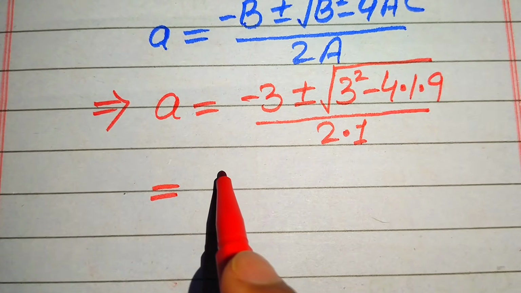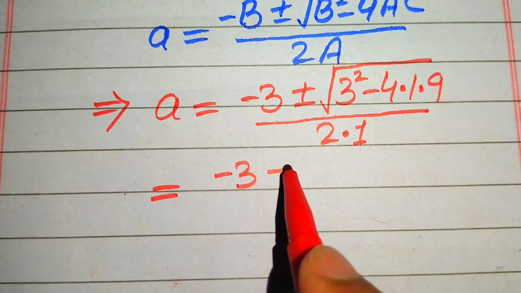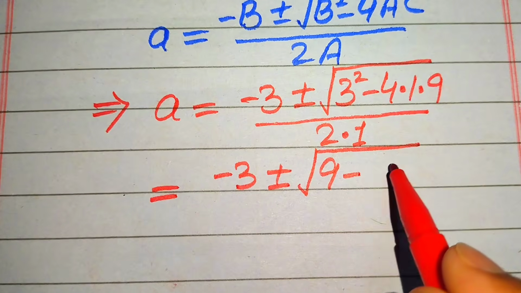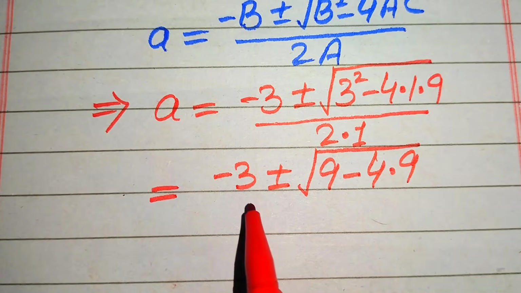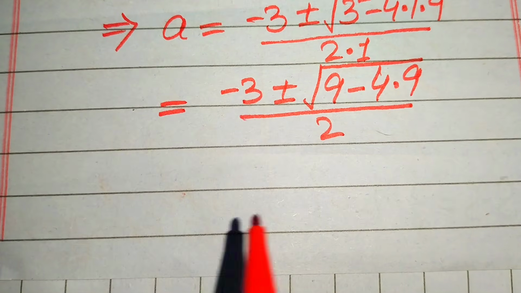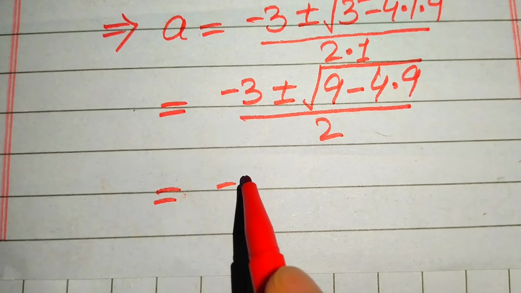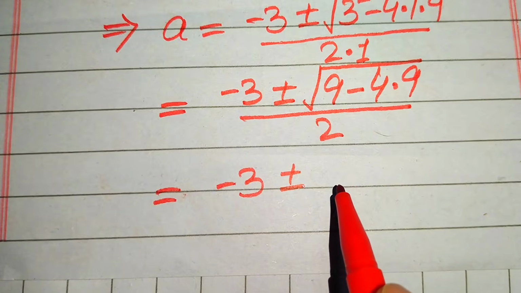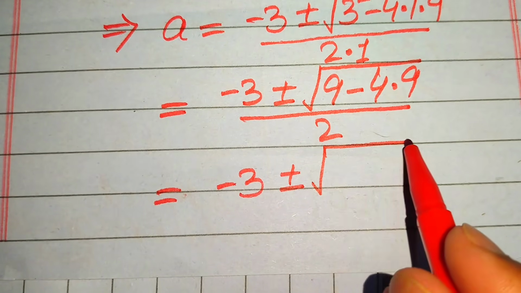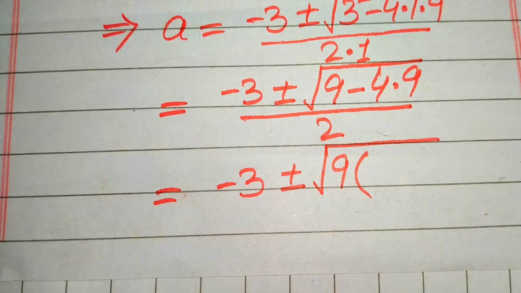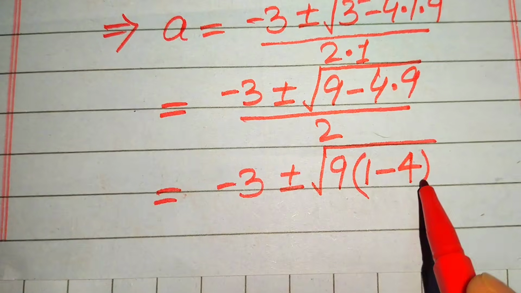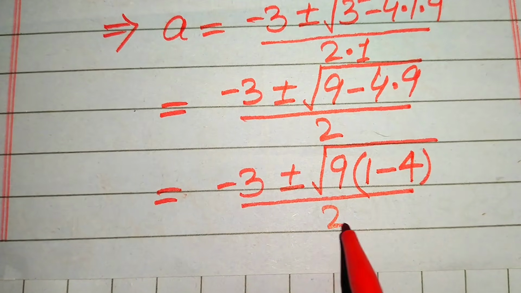Further, with more simplification, we obtain minus 3 plus minus square root of 9 minus 4 times 9, divided by 2 times 1, which is 2. Inside the square root sign we take 9 common, and the remaining values are 1 minus 4, divided by 2.